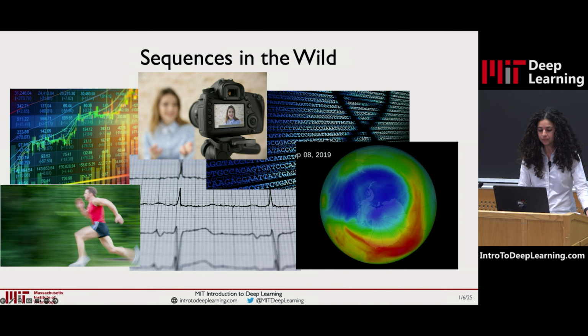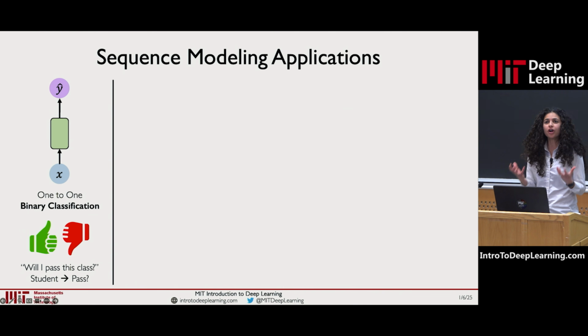This paradigm of sequence modeling unlocks a great potential of applications and real-world use cases for deep learning in the wild. So what are some concrete problem formulations or tasks we can think about when we start to think about sequence modeling? In the first lecture, we learned about the very basic prediction problem, like a classification problem of, will I pass this class? Yes or no, binary.